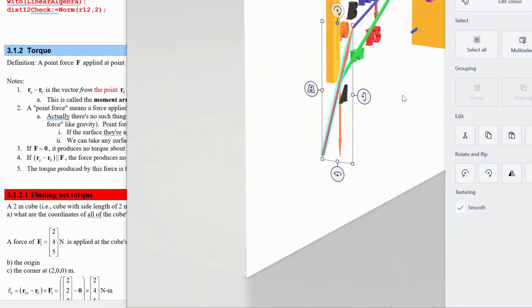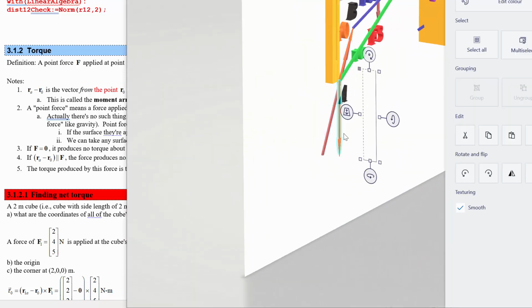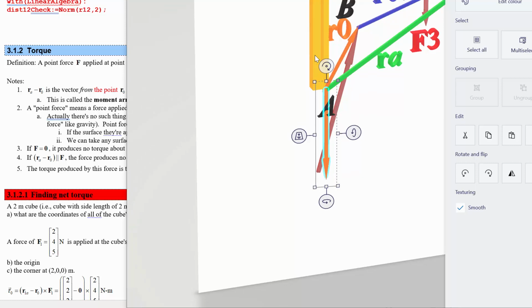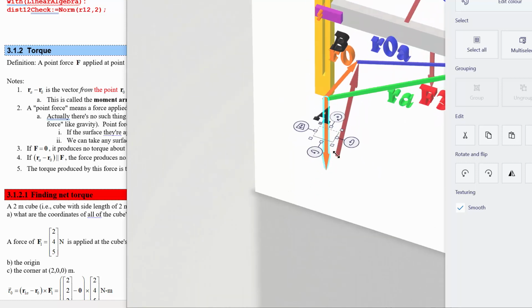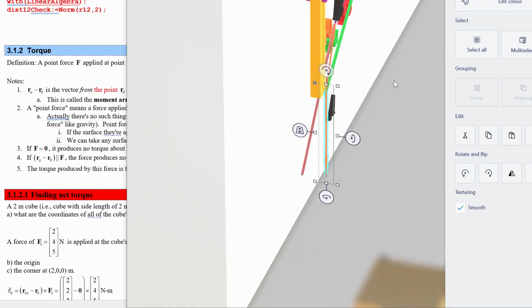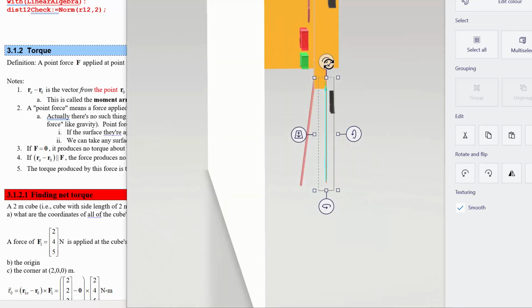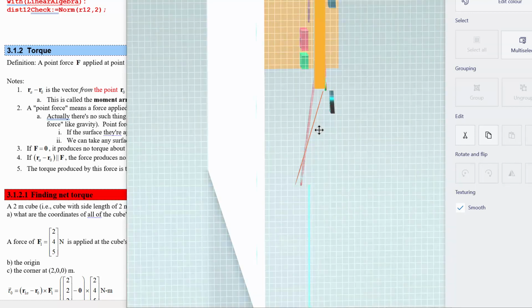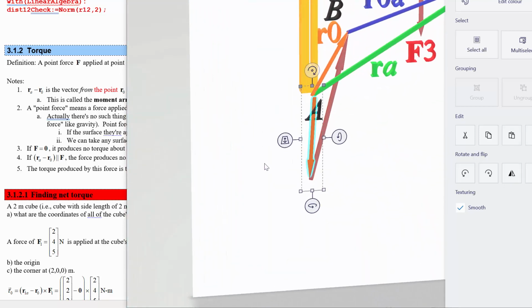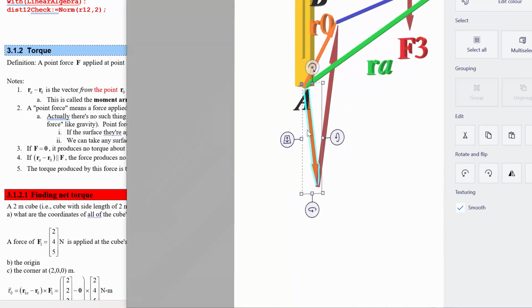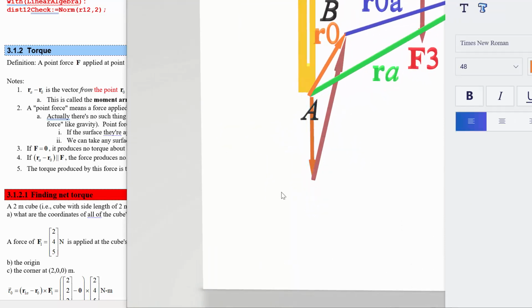Yeah. Okay. Now we want this R, the new position, to be not that one, but the one that's displaced along the line that contains F. Right. So now the new position vector, R naught prime, is down here. Okay, R naught prime. And we'll make this bold.